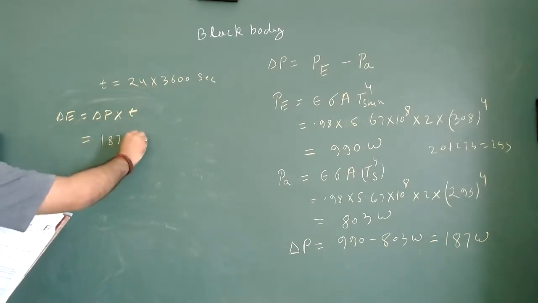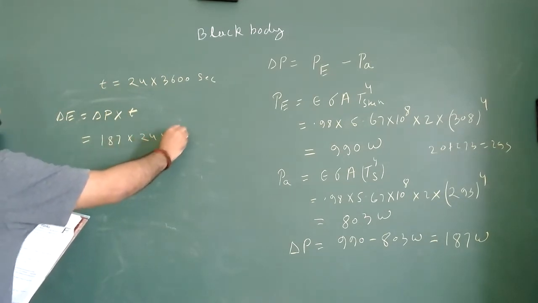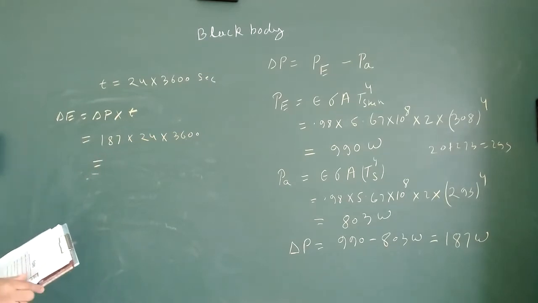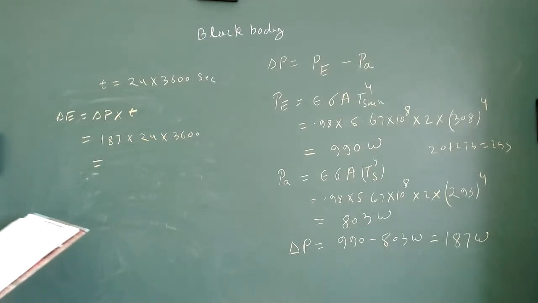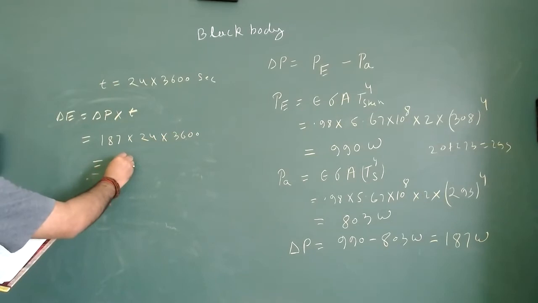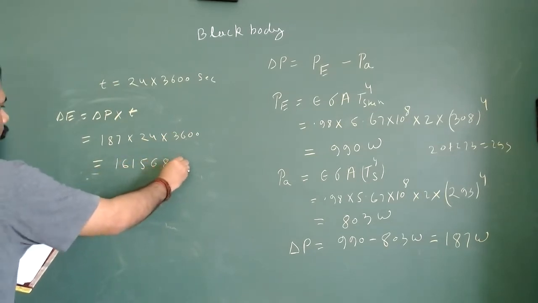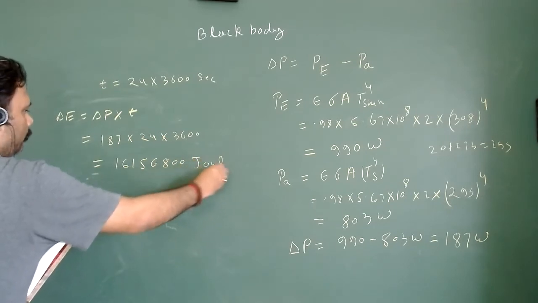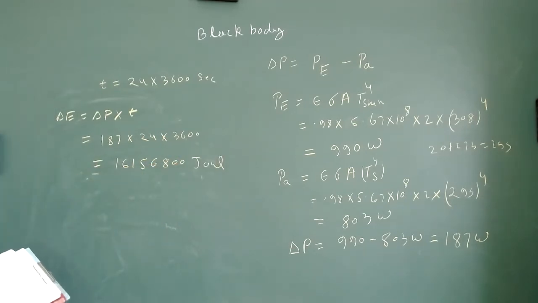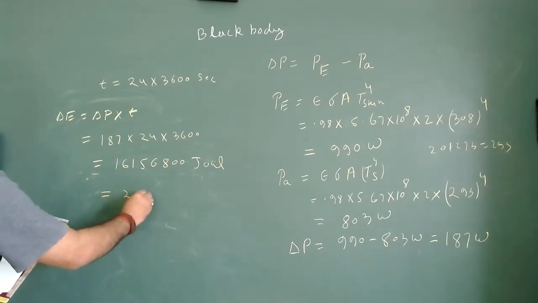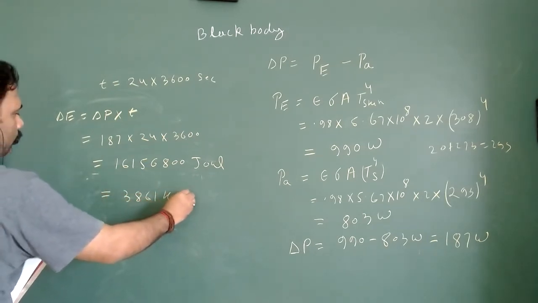Delta P is 187, into 24 into 3600, and that comes out to a very large number: 16156800 joule. We can convert it into calories, and this number is 3861 kilocalorie.